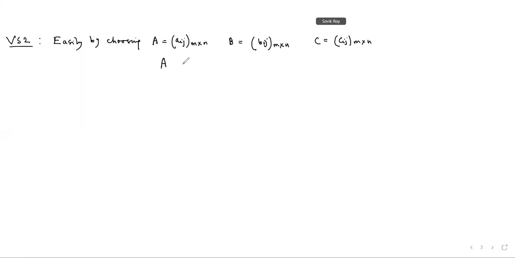I am not writing it in detail. Easily you can see in a similar manner, by choosing A to be Aij M cross N, B to be Bij M cross N, and C to be Cij M cross N, you can easily check, by the way I have shown you, that A plus B plus C is the same as A plus B plus C with the other grouping.